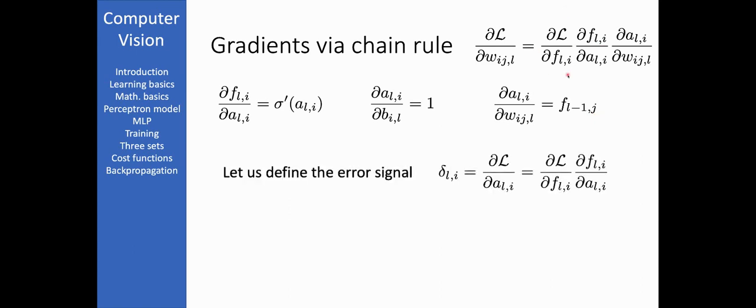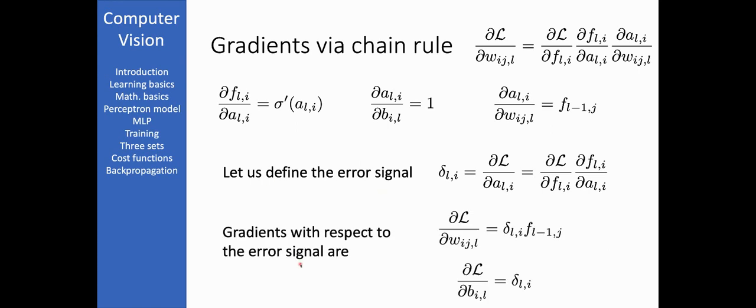For that, let me define an error signal. The error signal will actually be the combination of these two components here: the derivative of the loss with respect to the layer value and the derivative of the layer value with respect to its activation. So, the derivative of the loss with respect to a certain activation in that layer.